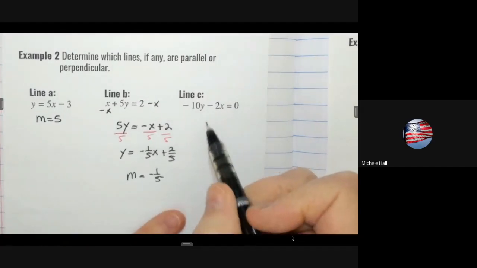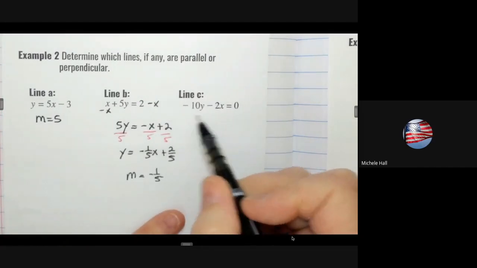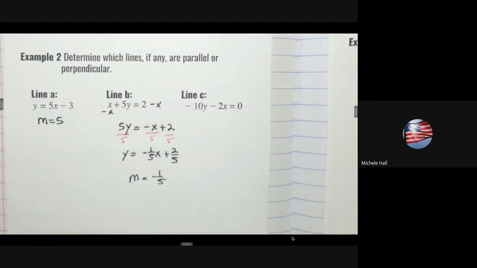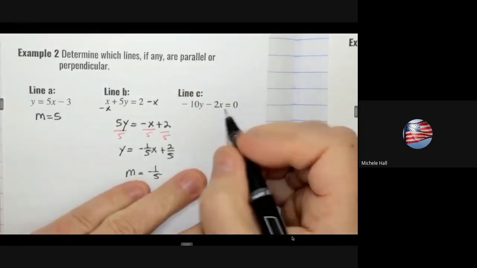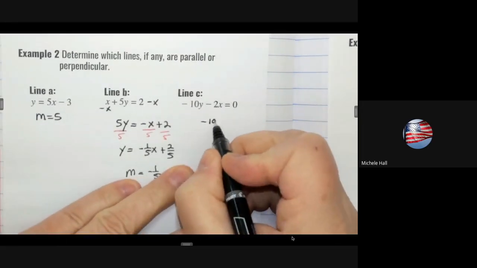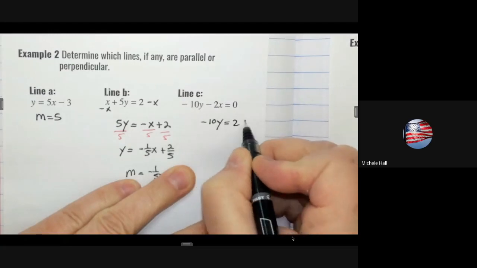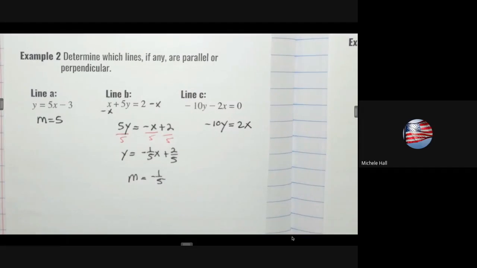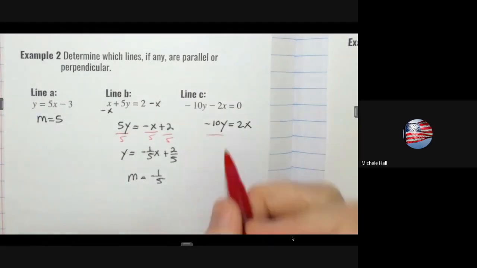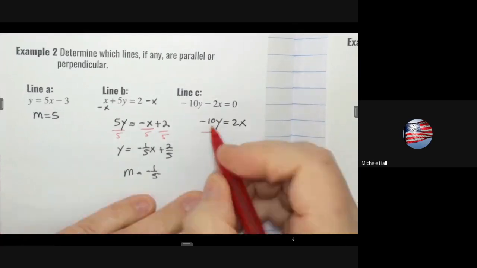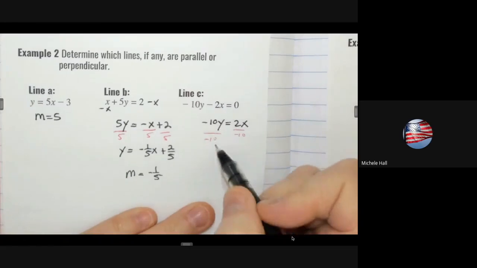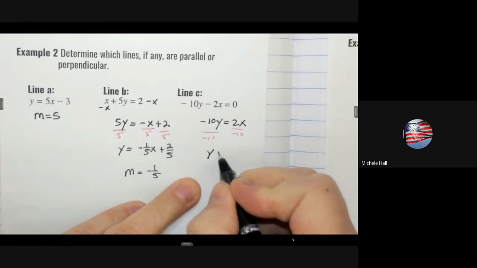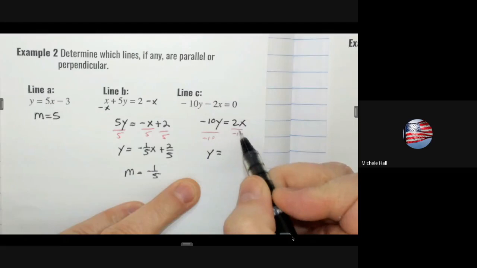Line C is also not really in standard form because it has a negative a value, but we still need to get y by itself. We are going to put 2x on the other side. So we have -10y = 2x. I'd be adding 2x to the right-hand side, and then I finish by dividing both sides by -10. -10 divided by -10 is a positive 1y equals 2 over -10.